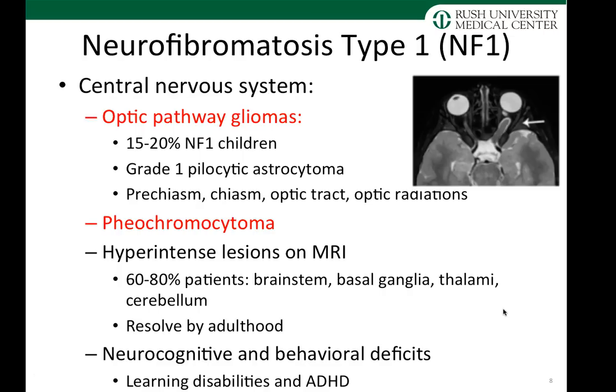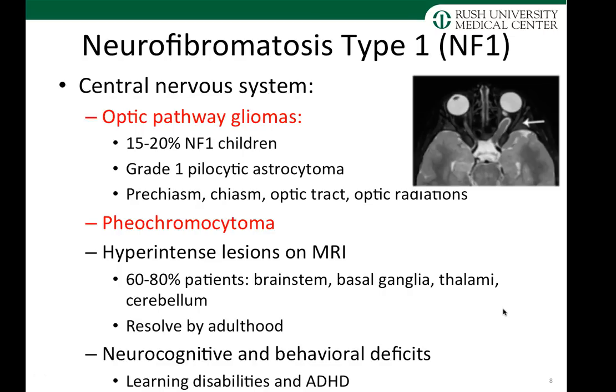NF1 is associated with several central nervous system tumors. The most hallmark classic tumor we would expect in neurofibromatosis are optic pathway gliomas, and these occur in about 15 to 20% of children with NF1.